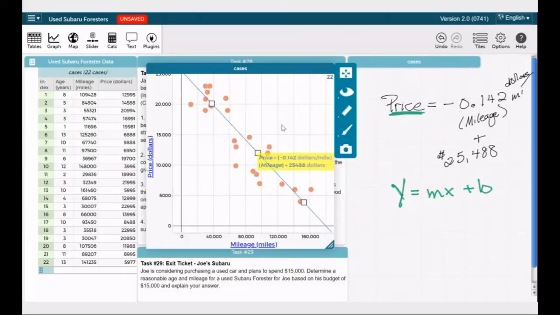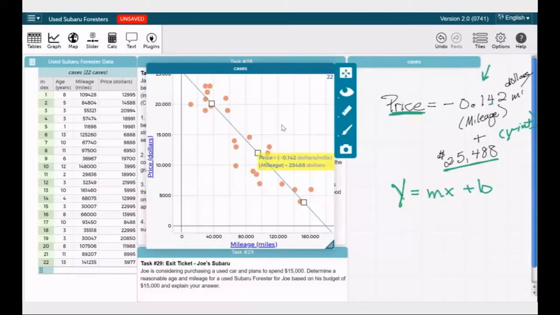So in trying to find the price, you would take negative, this is your slope right here, that negative number times your mileage and add this b part. That b is the y-intercept, right? So right here, this is the y-intercept.